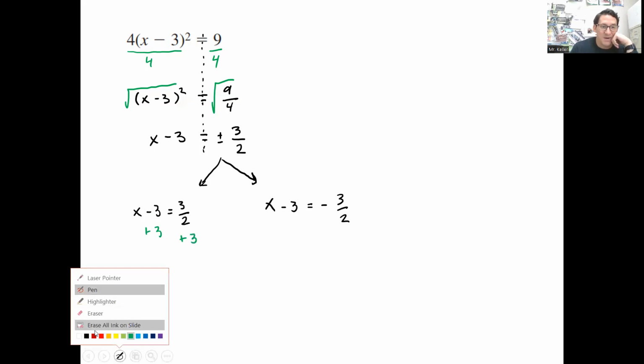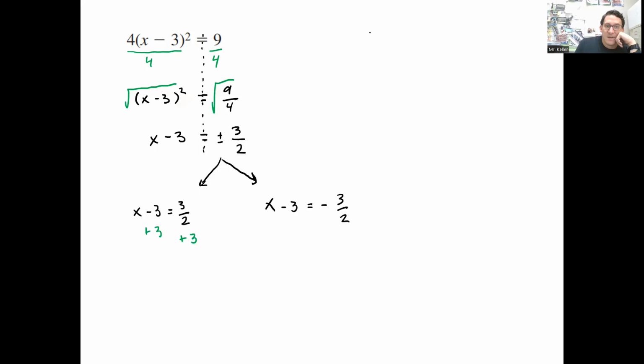I'm going to do this math off to the side with the fraction. So I'm going to have 3/2 plus 3. I'm going to make the 3 a fraction by writing 3 over 1. I need common denominators, and the common denominator between these is going to be 2. So I need a 2 on the bottom here.